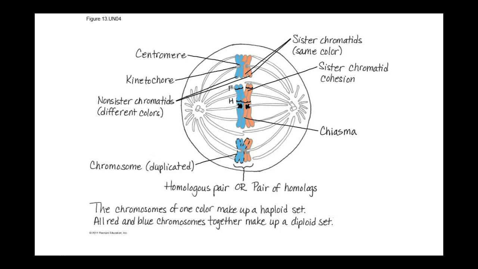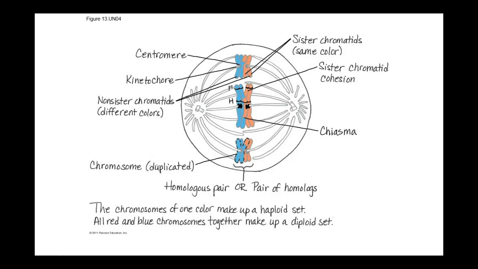Those sister chromatids are pretty much attached to each other so that all the loci, all the alleles line up. That's one way that they're attached, but they're also attached via these centromeres.